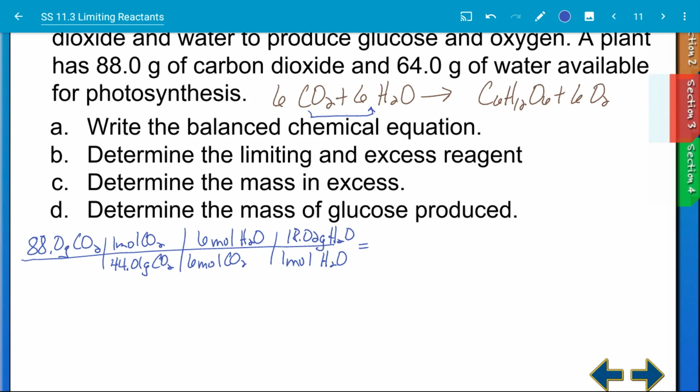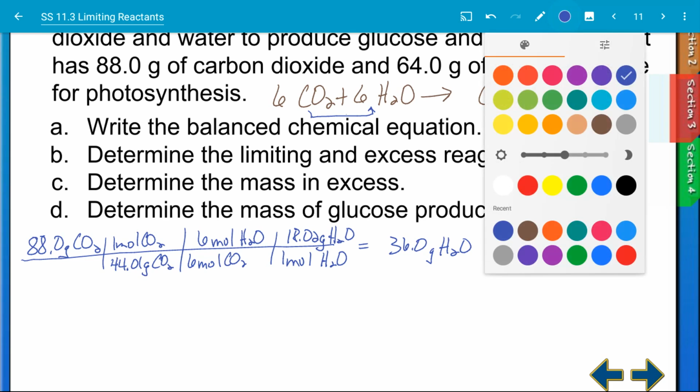So if I have 88 grams of carbon dioxide divided by 44.01, that gives me 1.9, basically 2 moles of carbon dioxide. Multiplied by 6 divided by 6 is still the same. And then I'm going to multiply that by 18.02. That gives me 36.0 grams of water that I need, because I'm using 3 significant figures.